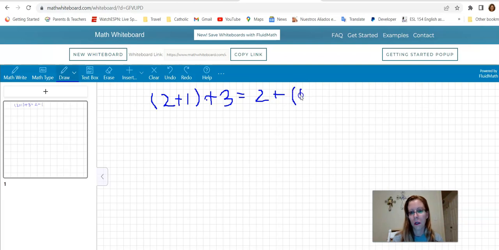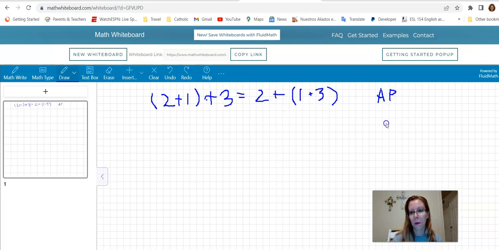So the associative is about grouping, about parentheses. Think about AP, associative parentheses, kind of like assistant principal. Maybe that will help you remember it. So the associative property is when you move where the parentheses are. You change the grouping.